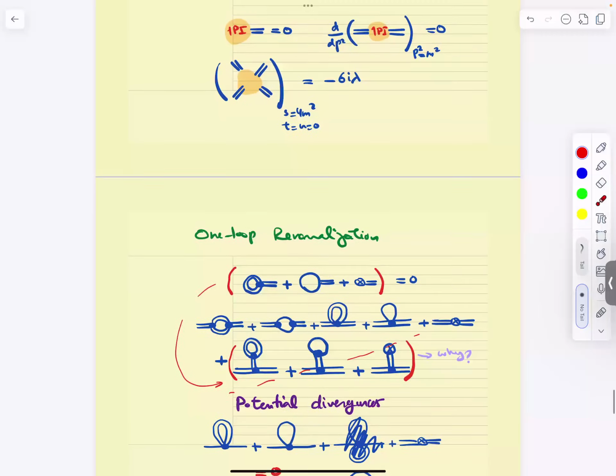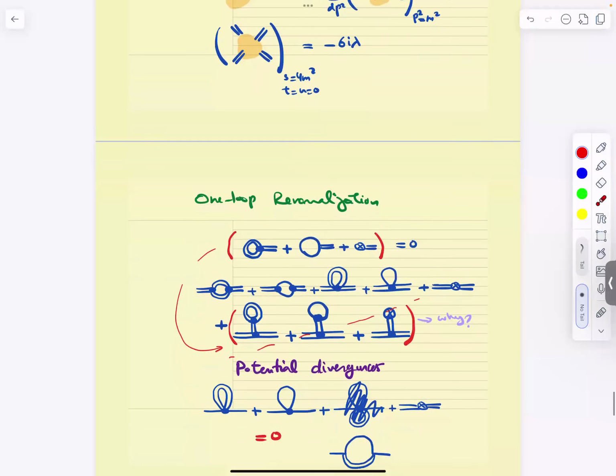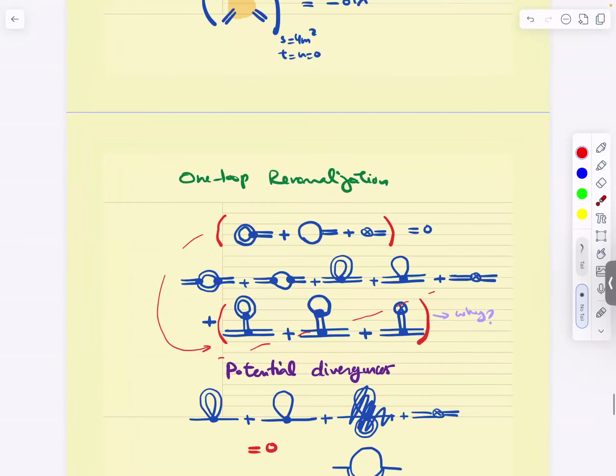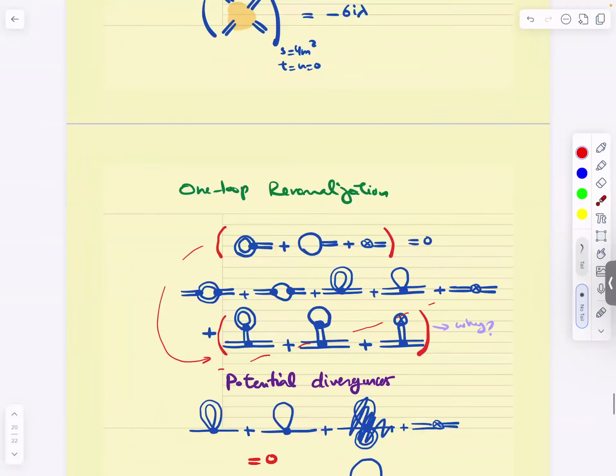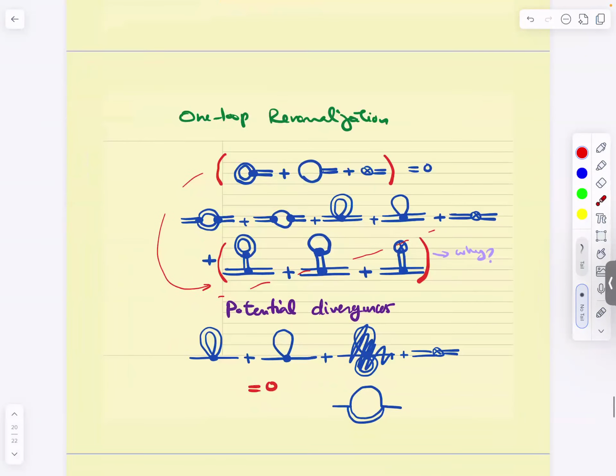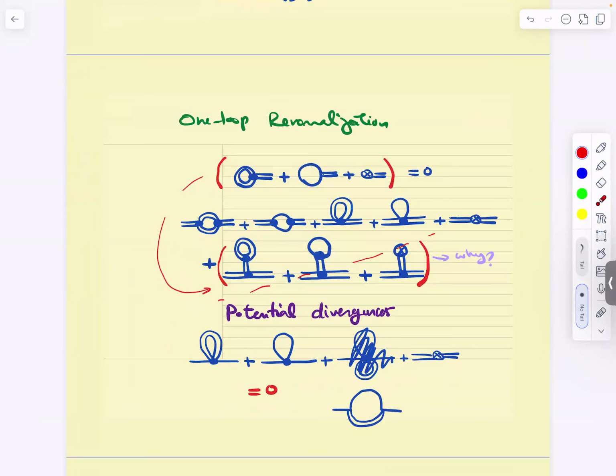Now for the propagator, you're going to have this diagram, this diagram, this diagram, this diagram, this diagram. This is the counterterm. You have to add them all. And then you also have these guys. So the important observation here is that if these 3 cancel, so do these 3.